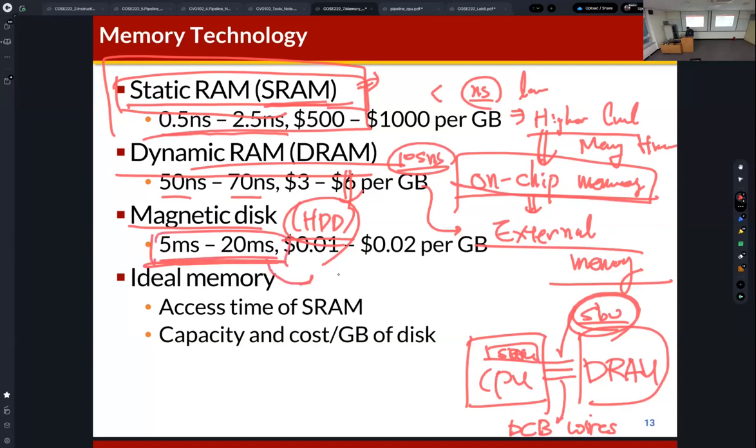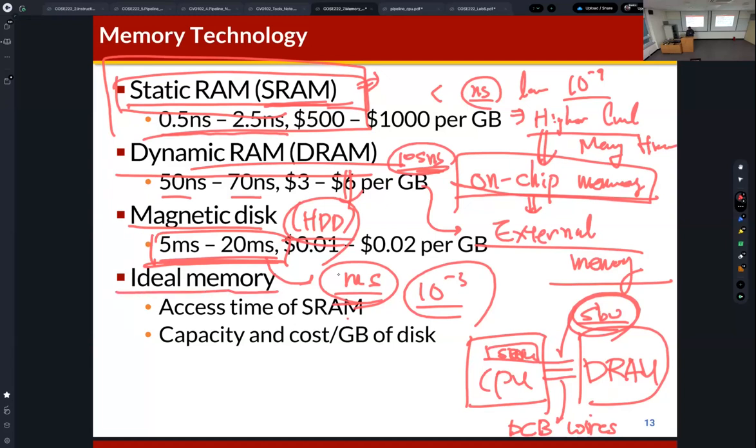It has millisecond latency, compared to nanosecond. Nano is 10 to the power of -9, and milli is 10 to the power of -3. So it's extremely slow. But the capacity is very large and it's very cheap.